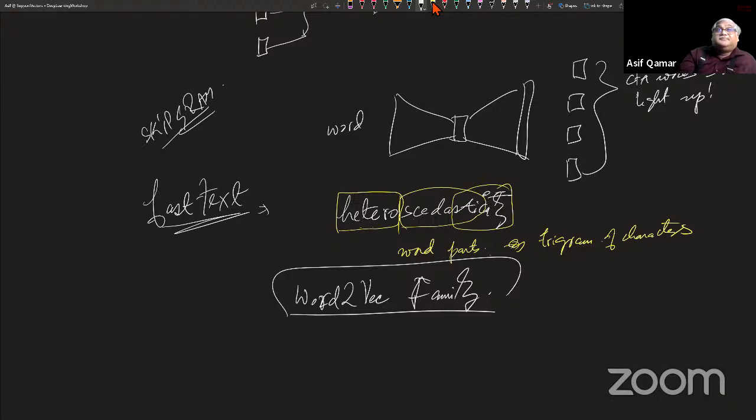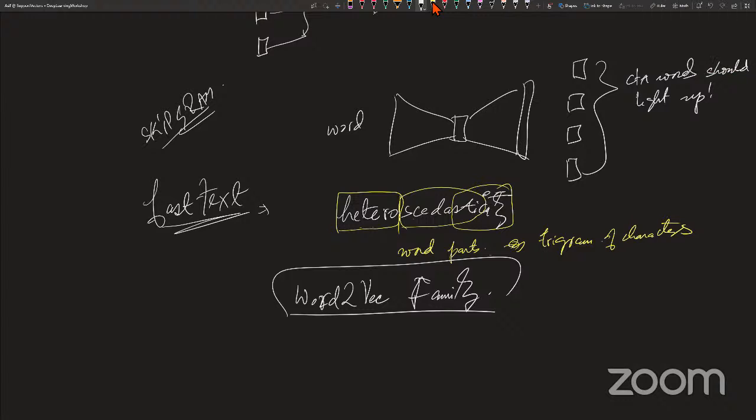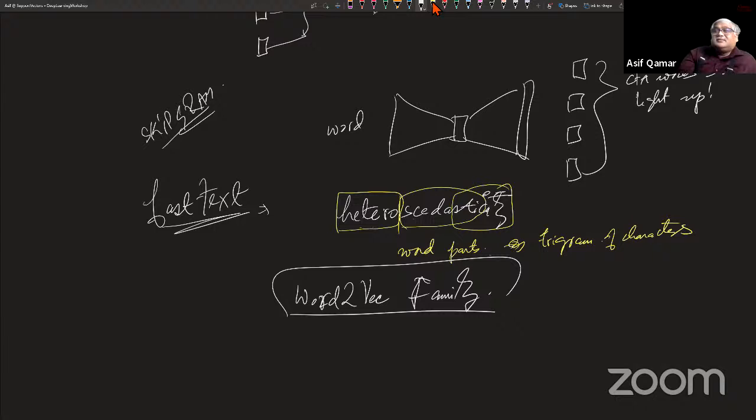Please say that again. It's not context aware yet, right? It's not picking up its meaning contextually. What will happen is, because you're making co-occurrences, the word apple will be proximal to computers. Apple will also be proximal to orange.